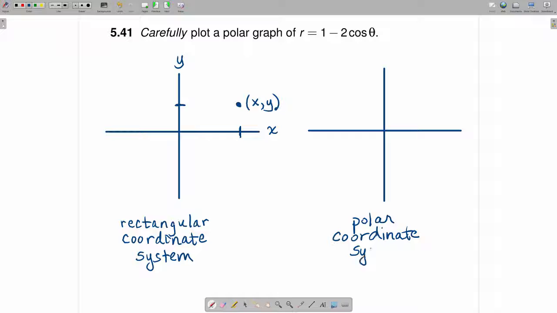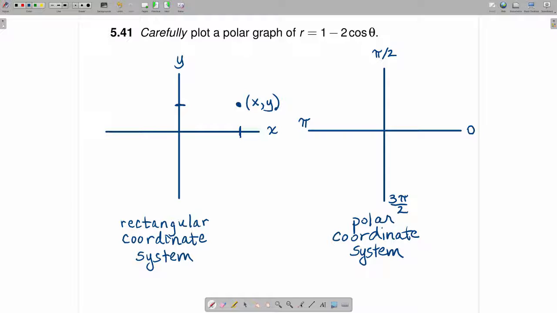In a polar coordinate system, instead of being given an x and a y, you are now given an r and a theta. So the theta is going to tell you what the angle is, the usual way from the winding function that you're used to defining an angle. And r will tell you the distance from the origin to the point.